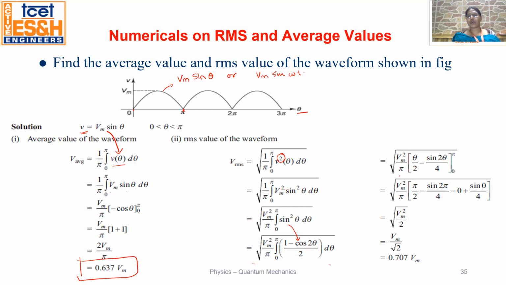See, this is the complete formula. After solving this, we will have this equation: Vm square by pi, theta by 2 minus sine 2 theta by 4, from 0 to pi, under root. After putting the limits and solving, you will have under root of Vm square by 2. So the final equation is Vm by root 2.